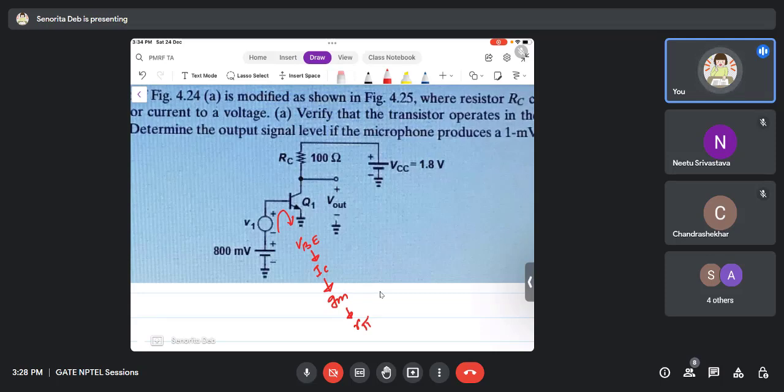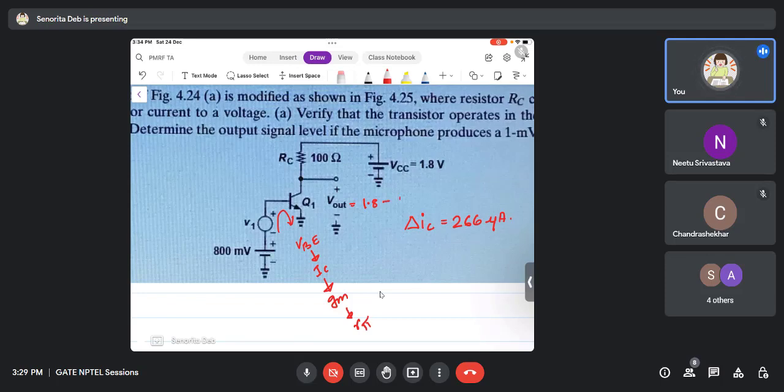But now what will happen? We found till delta IC, which we found as 266 microampere. And now I am saying that I have an RC of 100 ohms, and V out I am taking from this terminal. So what is V out here? V out is 1.8 minus RC into delta IC.